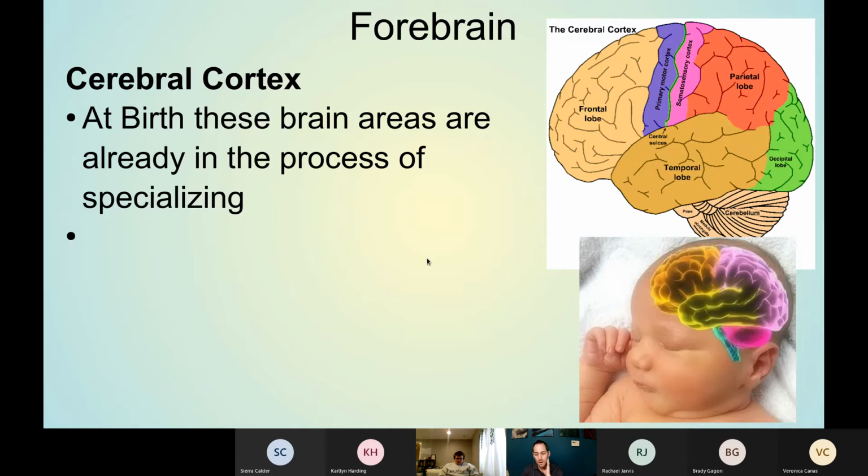So when we're born, a lot of these areas of the cerebral cortex are starting to get their first chance at doing things. In the womb, you can hear, and the temporal lobe is active. You're actually starting to get a sense of the pitch, timbre, and pattern of human speech.